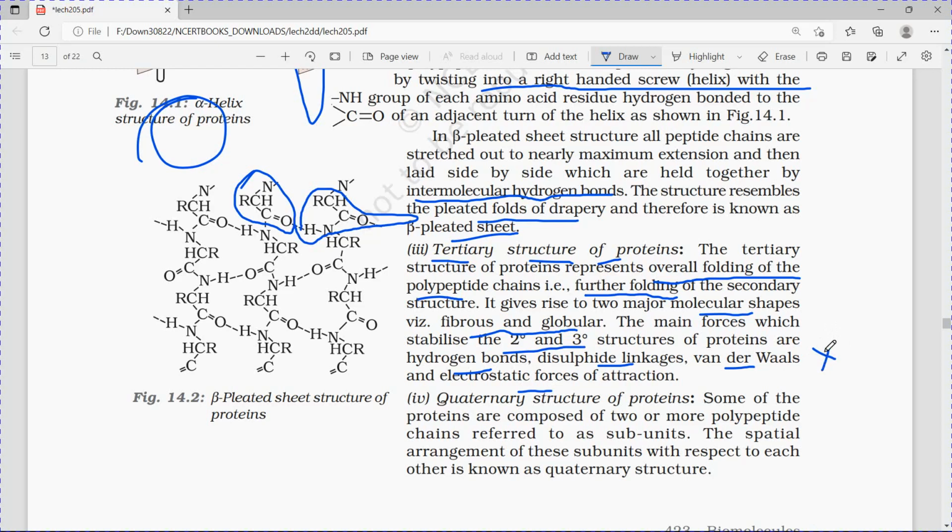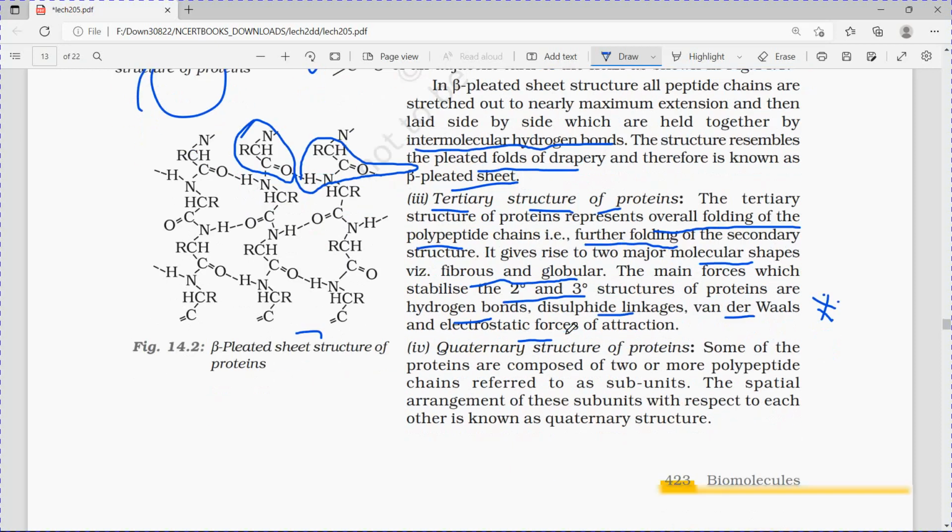This is a one-mark question. We already know about hydrogen bonds: intermolecular hydrogen bonding is called beta, and intramolecular hydrogen bonding is called alpha, right? Apart from that, there are disulfide linkages, van der Waals forces, and electrostatic force of attraction, right?